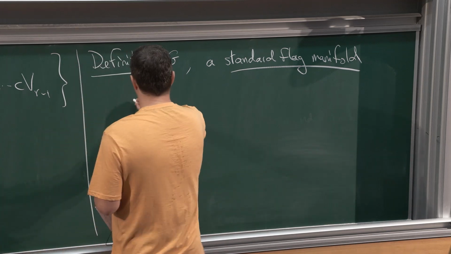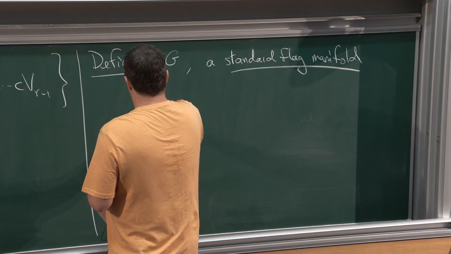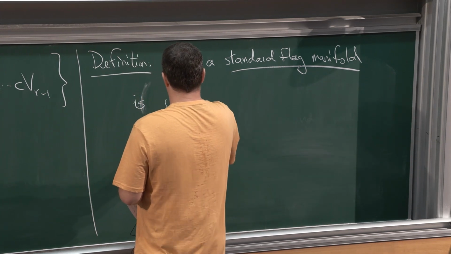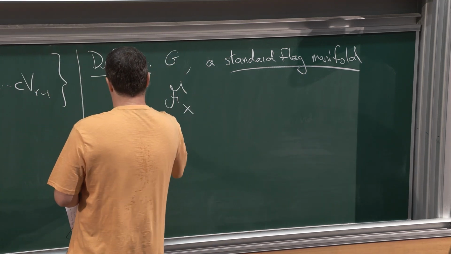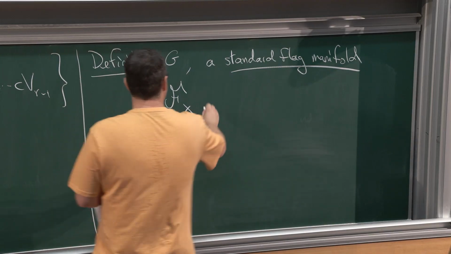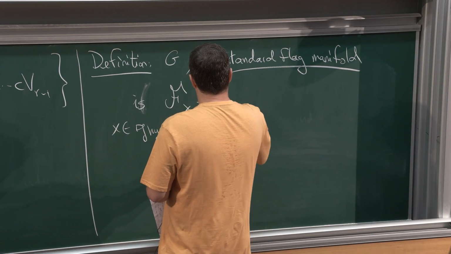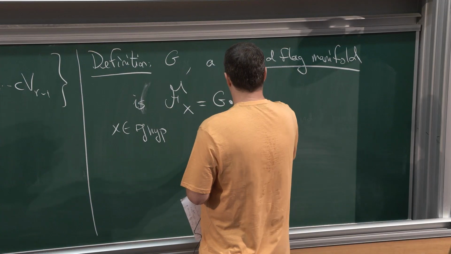And what you can do is define from any x hyperbolic, this will be the G orbit of Px.